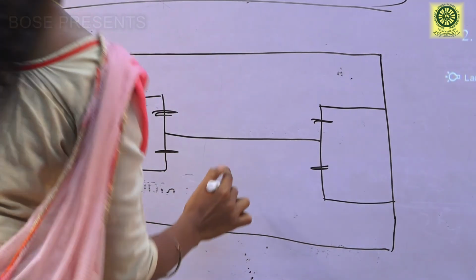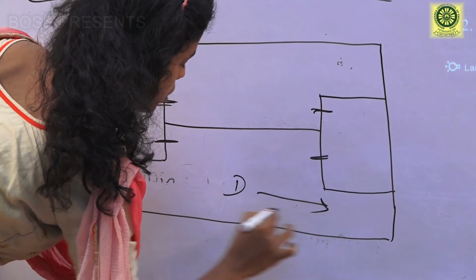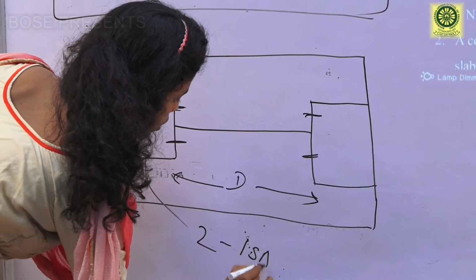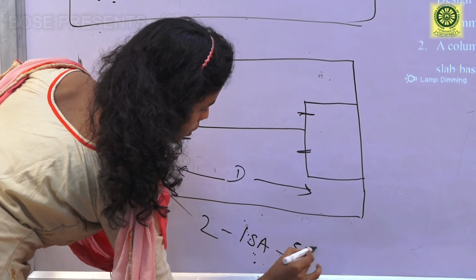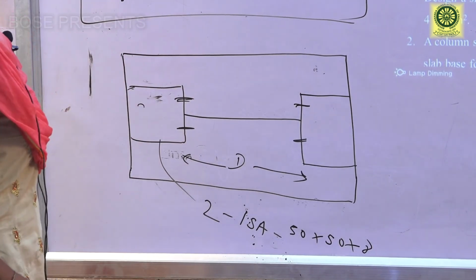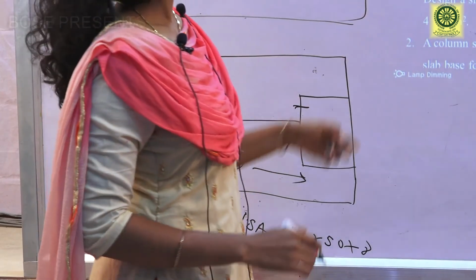This is the detail of the column and 2 ISA 50 into 50 into 8. That's it. And this is the assignment.